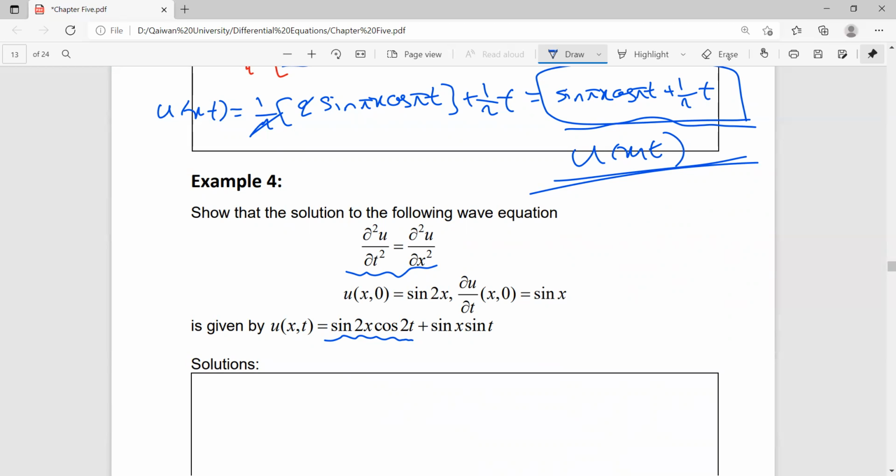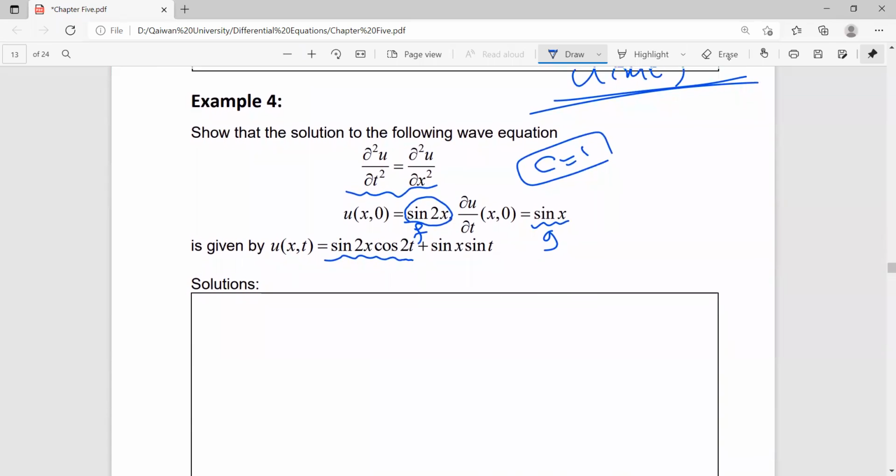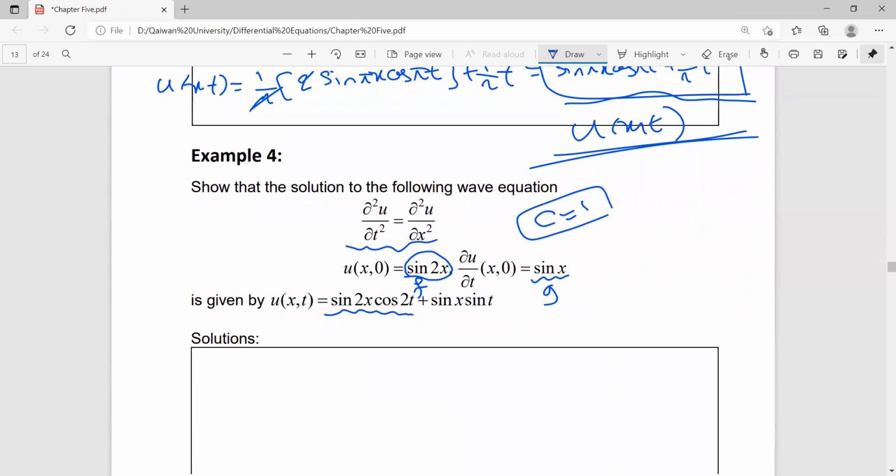Okay, here this is f and this is g. That's f and that's g, and c here is 1. c here is the coefficient of the partial squared u divided by partial x squared. That's 1. And now we use the same approach as we did before.